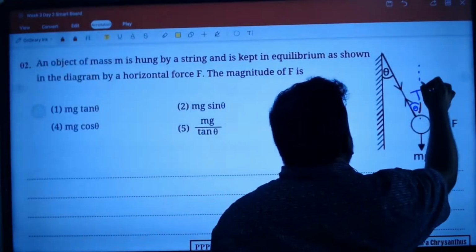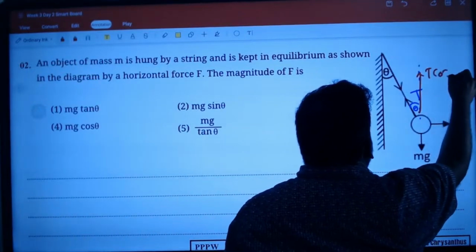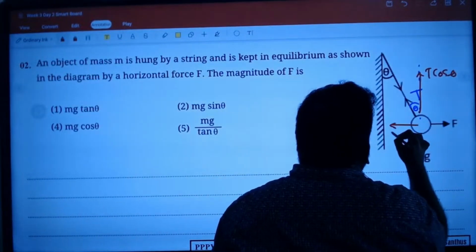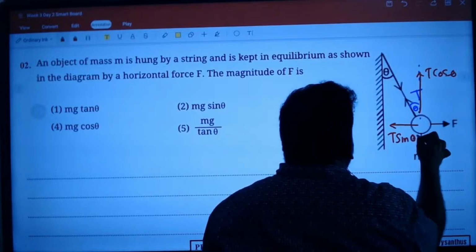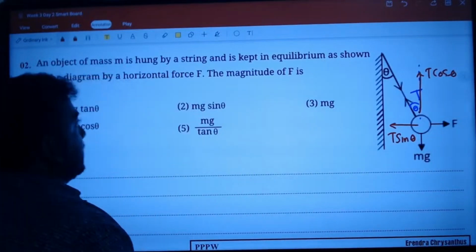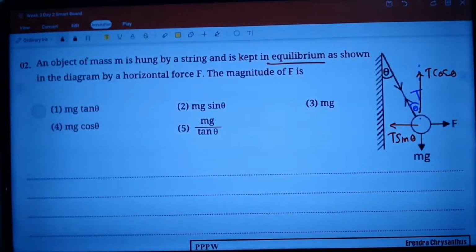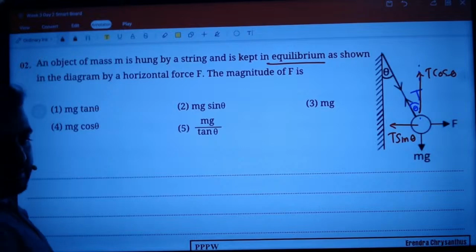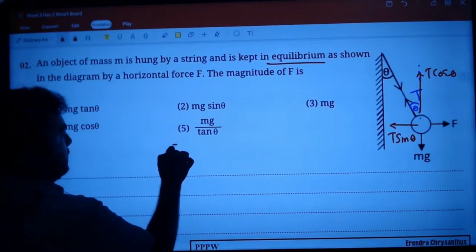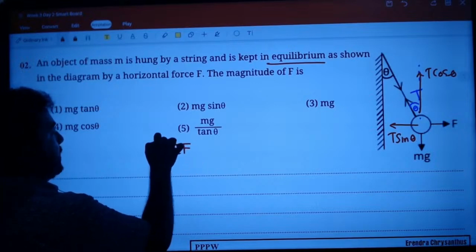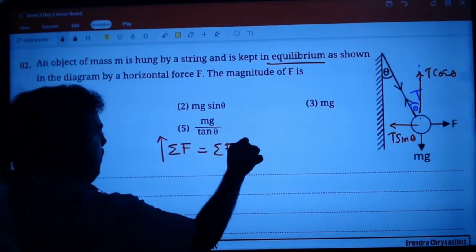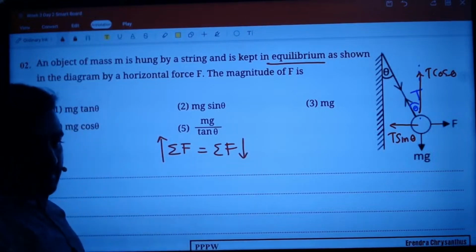You have T cos theta balancing mg. T sin theta balancing the force. There's a keyword here. They are saying equilibrium. Which means the sum of forces in the upward direction balances the sum of forces in the downward direction.